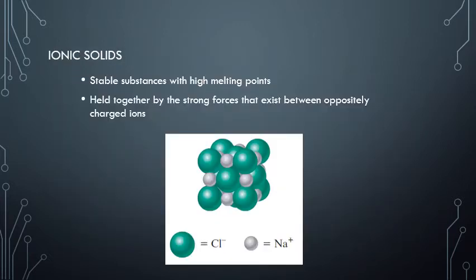So again, just to recap, ionic solids are stable substances with very high melting points. The higher the melting point of the solid, the stronger the forces of attraction between the ions. They're held together by those strong forces because you have oppositely charged ions, so you have that full-on magnetic force of attraction locking them together in place.